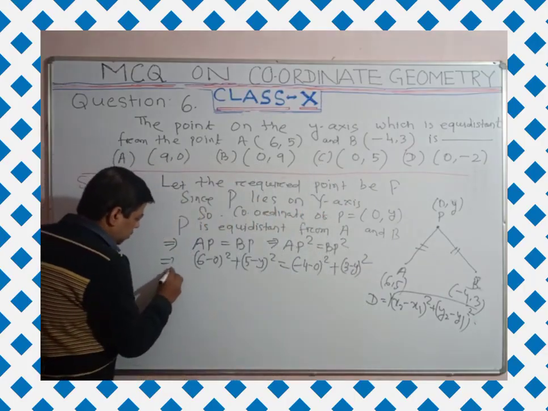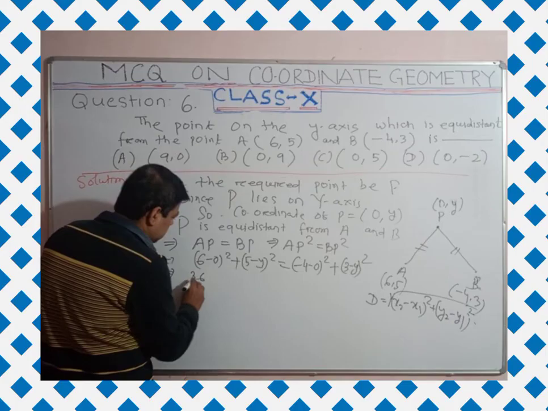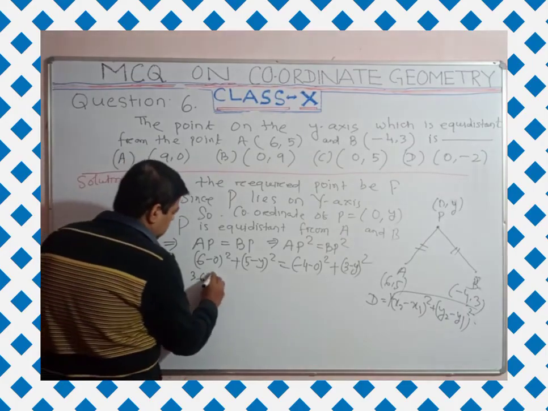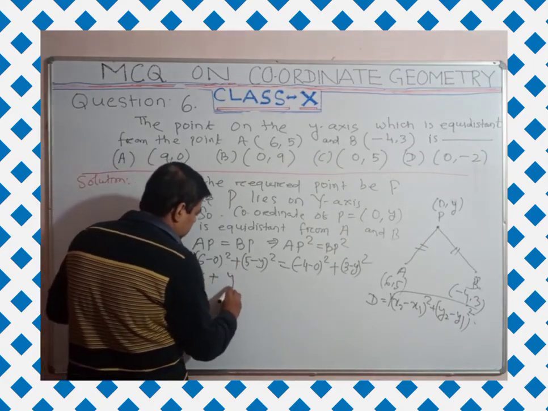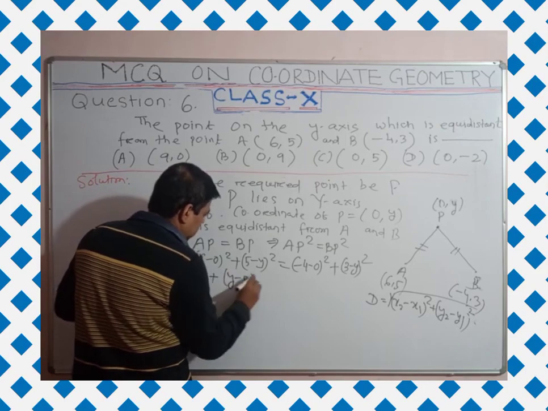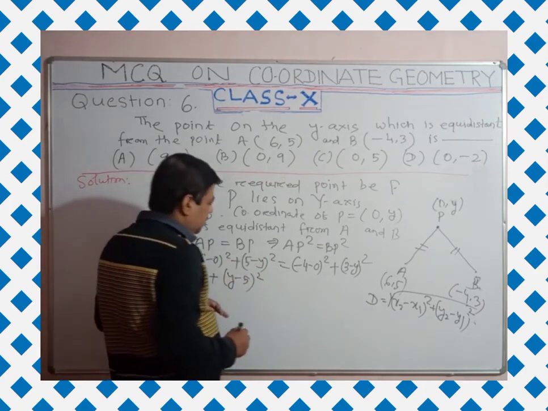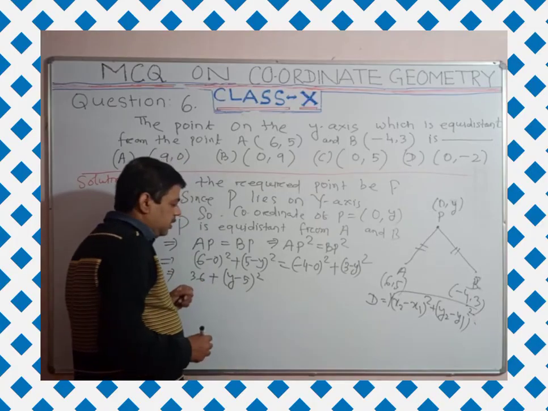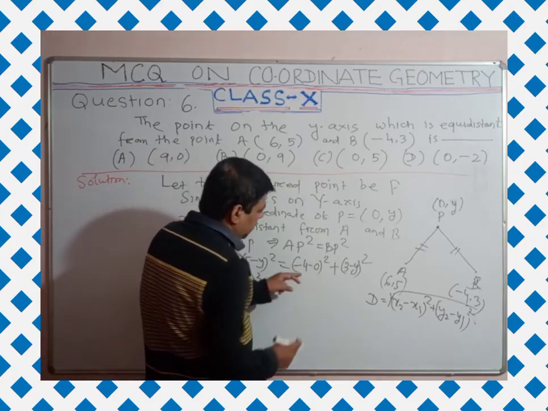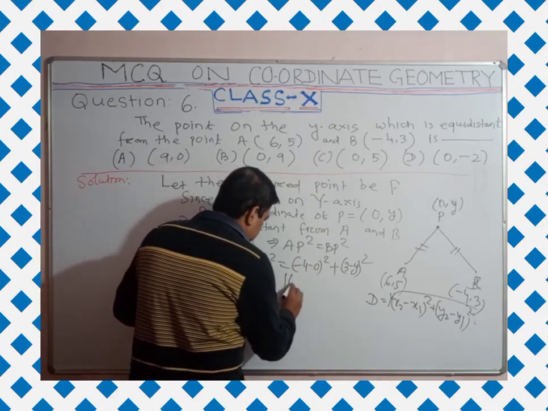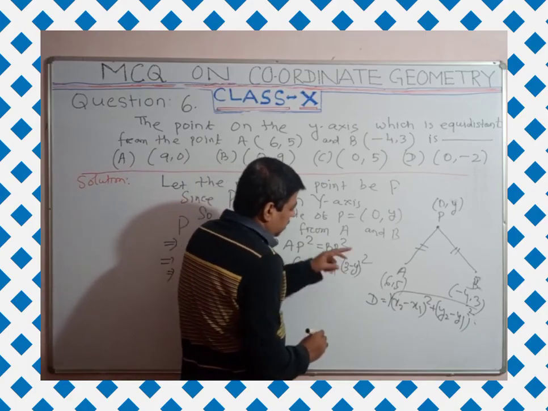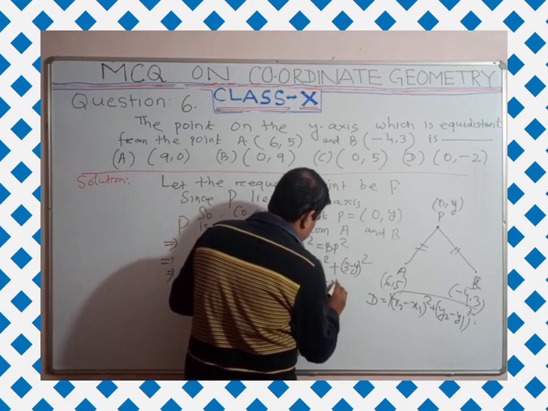So now 6 minus 0 is 6, and 6 square is 36. Plus 5 minus y whole square can also be written as y minus 5 whole square, because the power is an even number. Minus 4 minus 0 whole square is 16. And 3 minus y whole square can also be written as y minus 3 whole square.